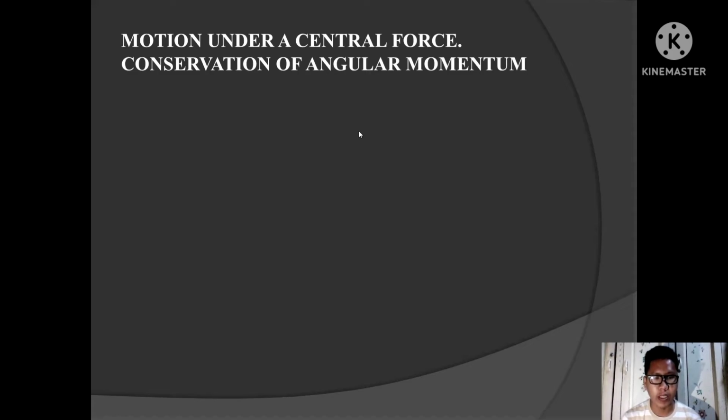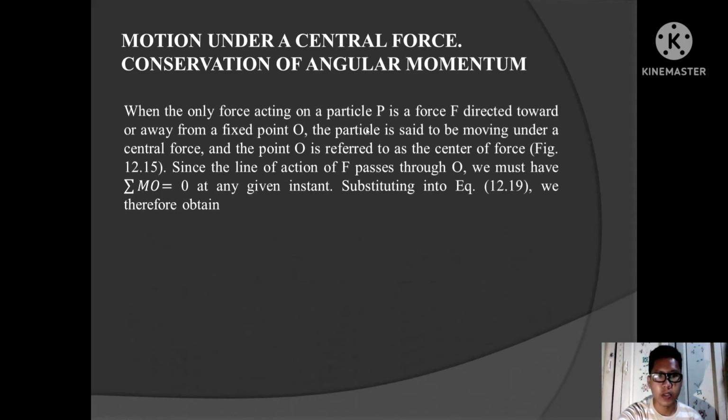We have also the motion under a central force, conservation of angular momentum. As we all know, conservation of angular momentum is the physical property of a spinning system such that its spin remains constant unless it is acted upon by an external torque. An external torque is, for example, when you are screwing your feet into the ground.